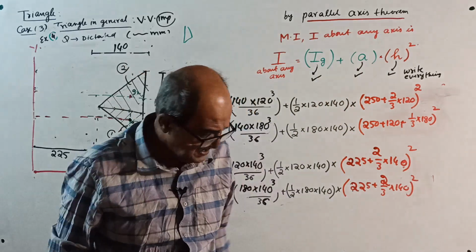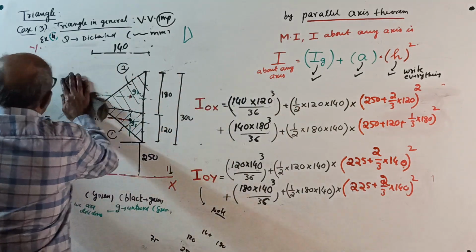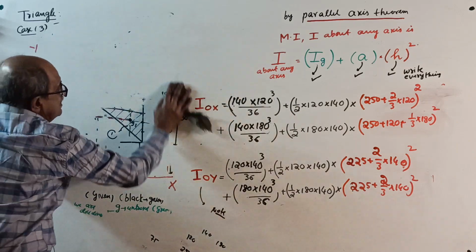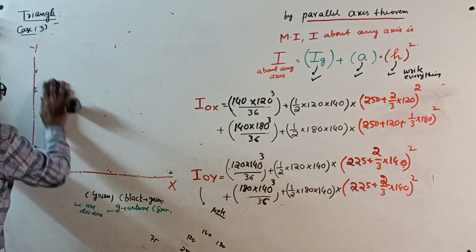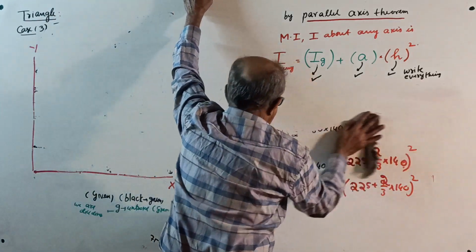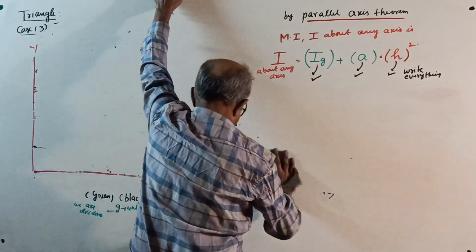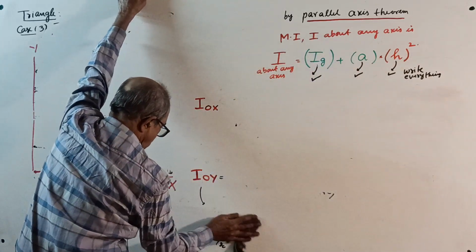Therefore, I will finish circle and then prepare the sketch. Okay. See, I am still maintaining it. I am not changing it.